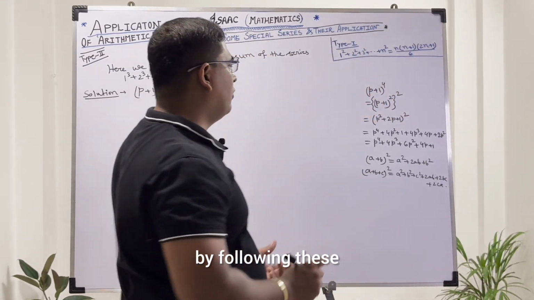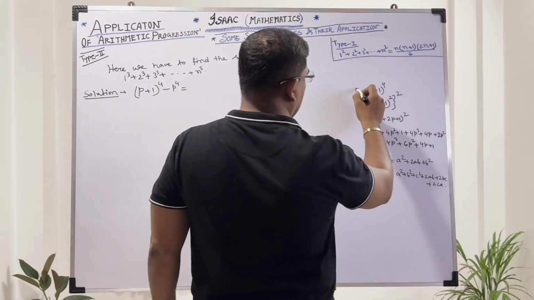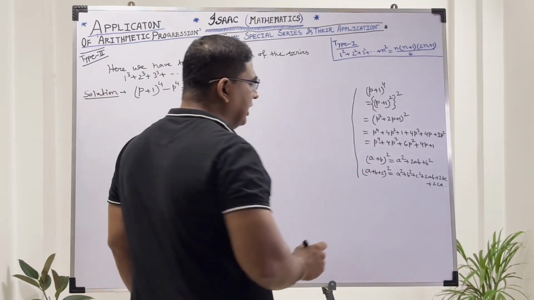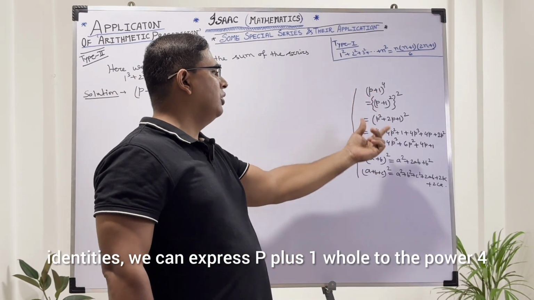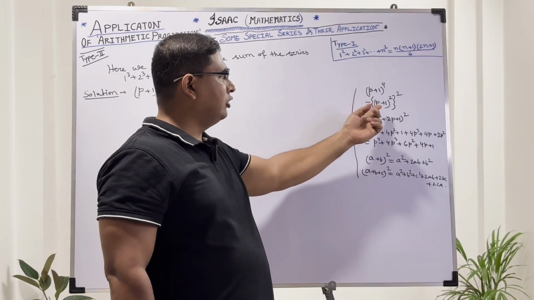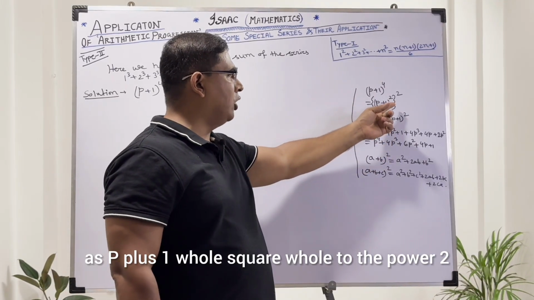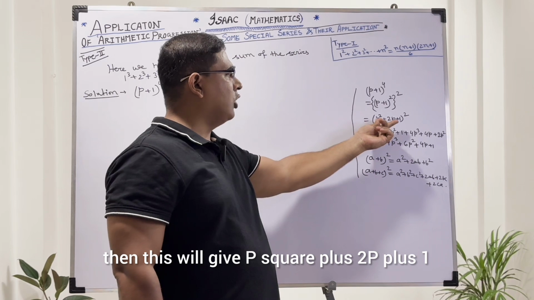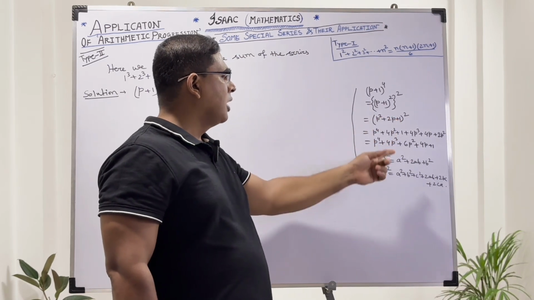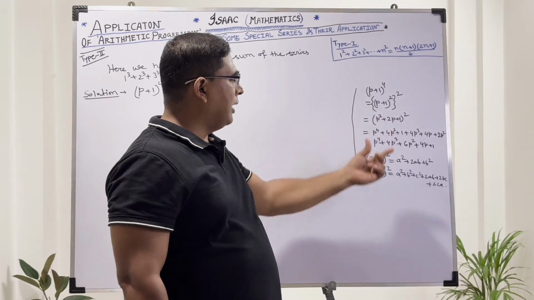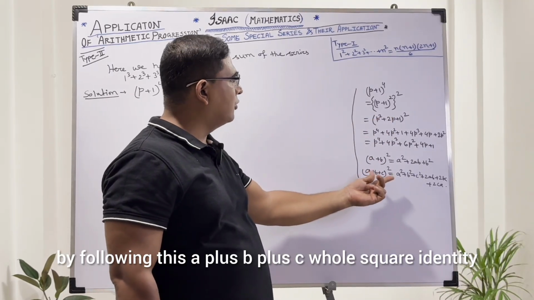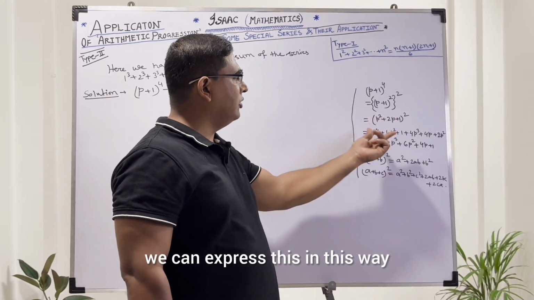Okay, so by following these identities, we can express (p+1)^4 as ((p+1)^2)^2. Then this will give p^2 + 2p + 1 by following this identity. Then by following the (a+b+c)^2 identity, we can express this in this way.